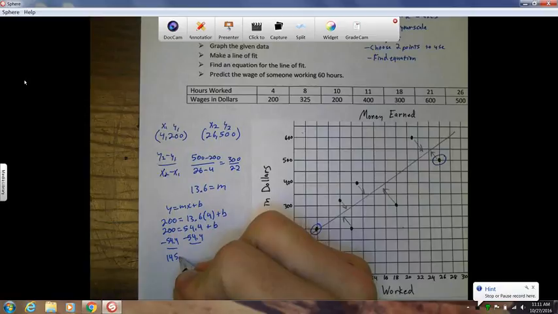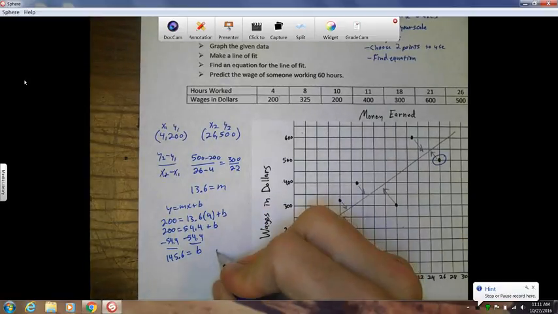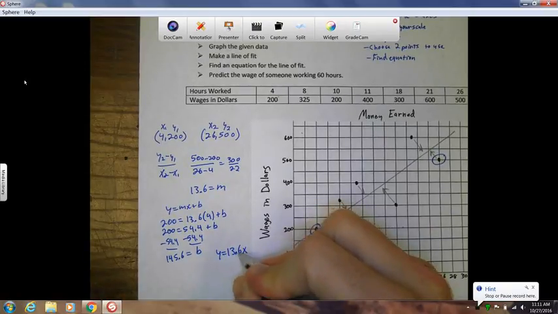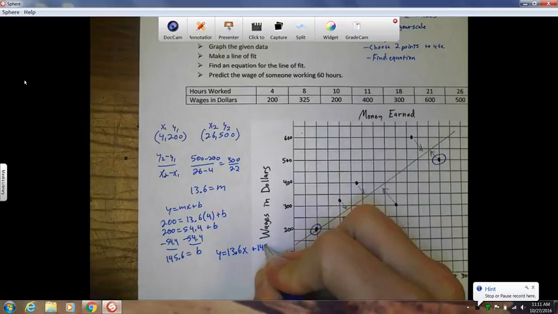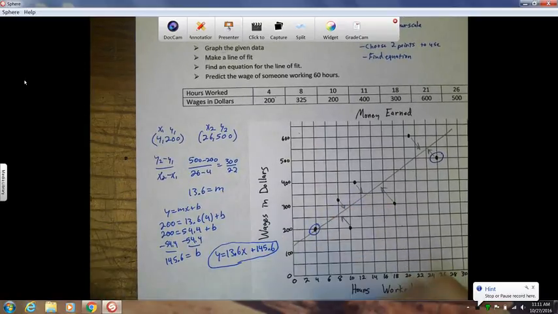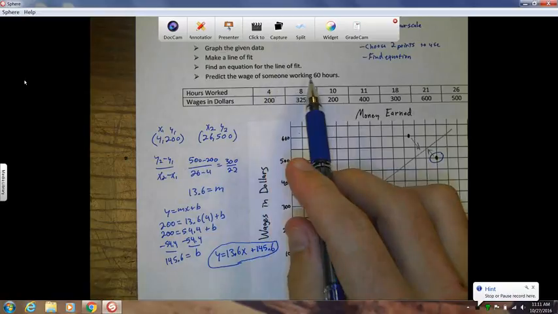The last thing it says is predict the wage of someone working 60 hours. Well, that should be easy with your formula. So predict wage, which means I don't know y. X is hours, and it's working 60 hours, so I put 60 for x. And then solve.